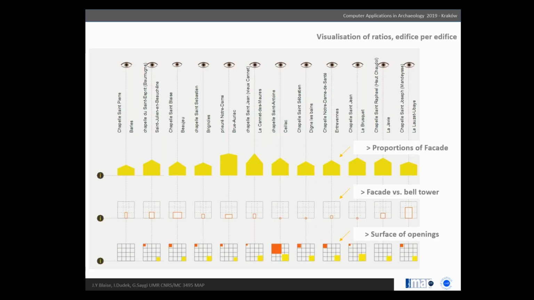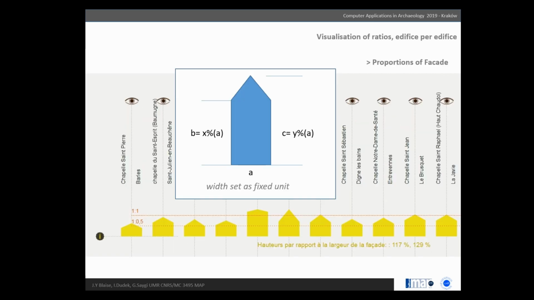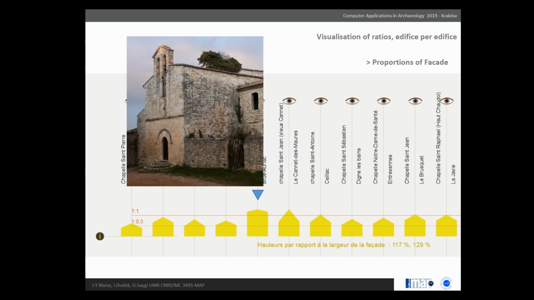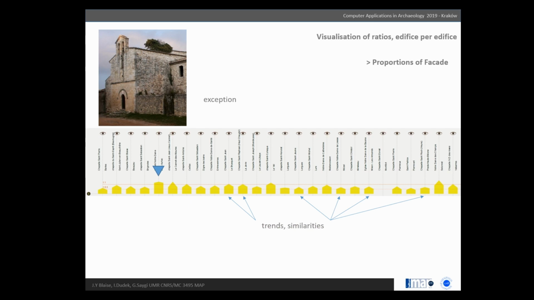Three visual languages. The first one looks like this. The width is set as a fixed unit, and then we express the height through a percentage. So if you have something that is as wide as it is high, you will have something that looks like this. What you spot are things like this, rather elevated, an exception, and trends, similarities in the collection.